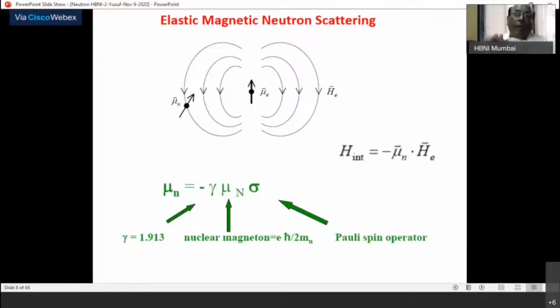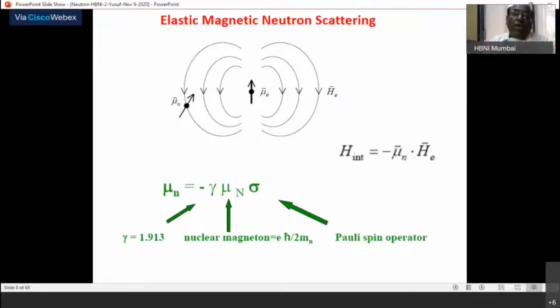So what the neutron will see, the neutron's own magnetic moment will interact with the magnetic moment of Fe2 plus. Or if you have manganese, let us say manganese 3 plus, the neutron magnetic moment will interact with the manganese 3 plus magnetic moment.